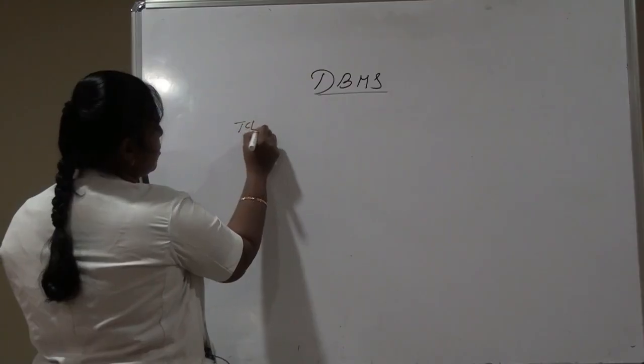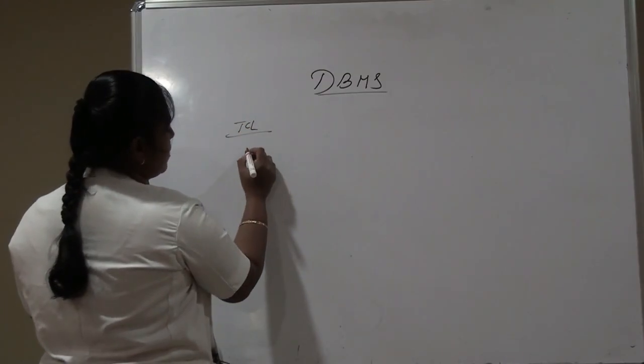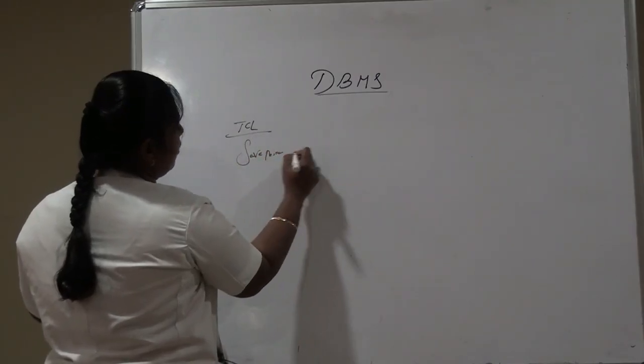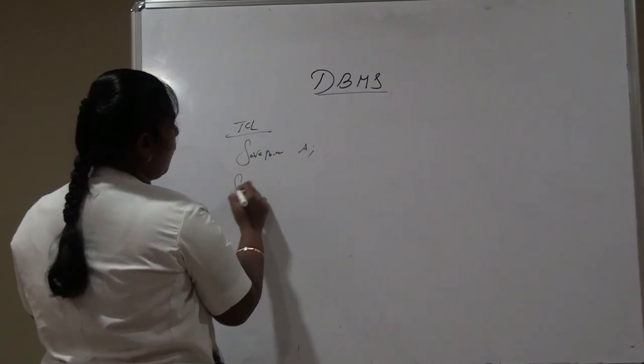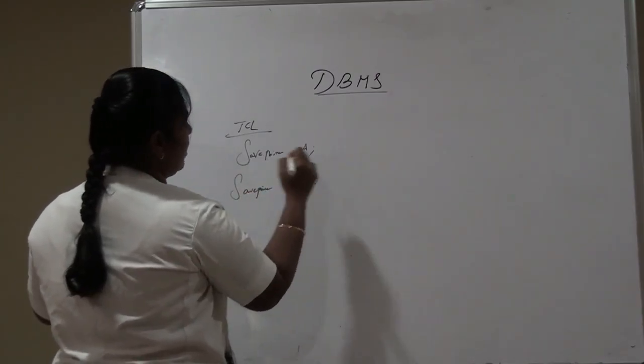Next one, transactional control. It consists of giving temporary storage for your services. That's why we give savepoint variable name. Here we have to capture the savepoint created output.